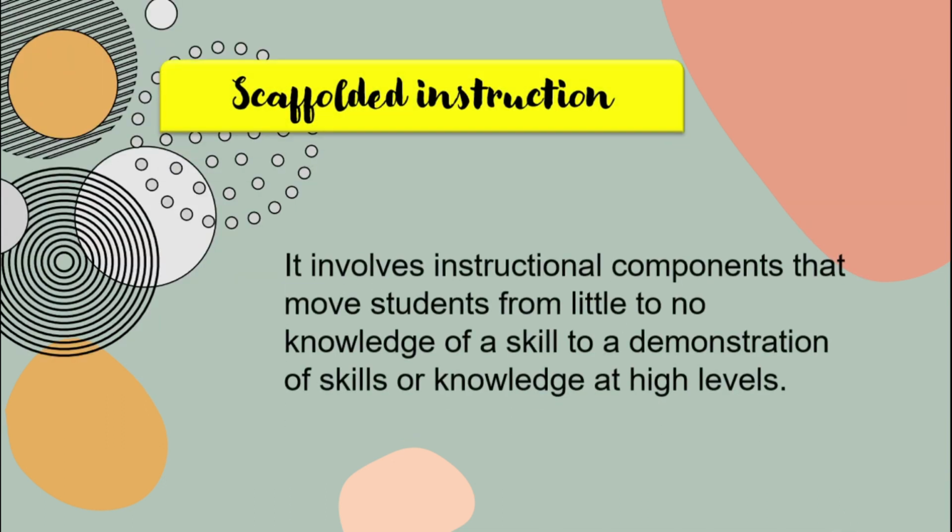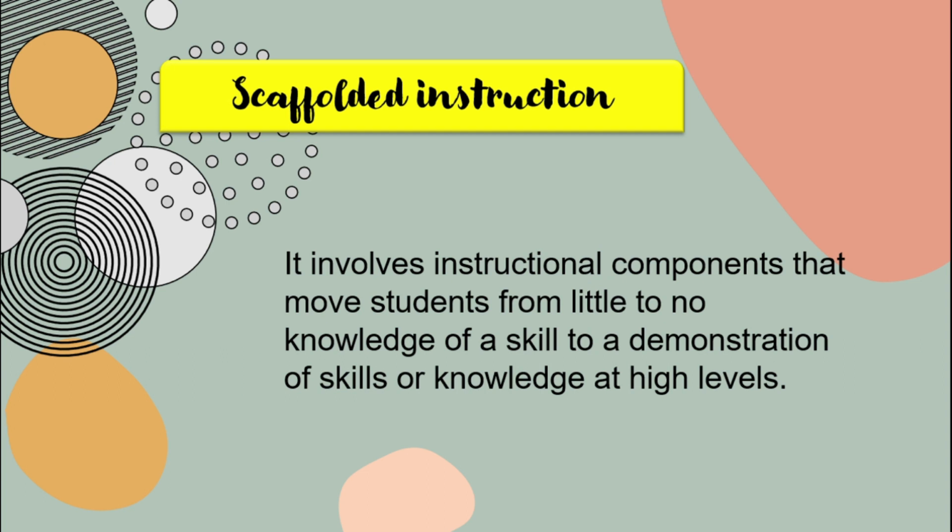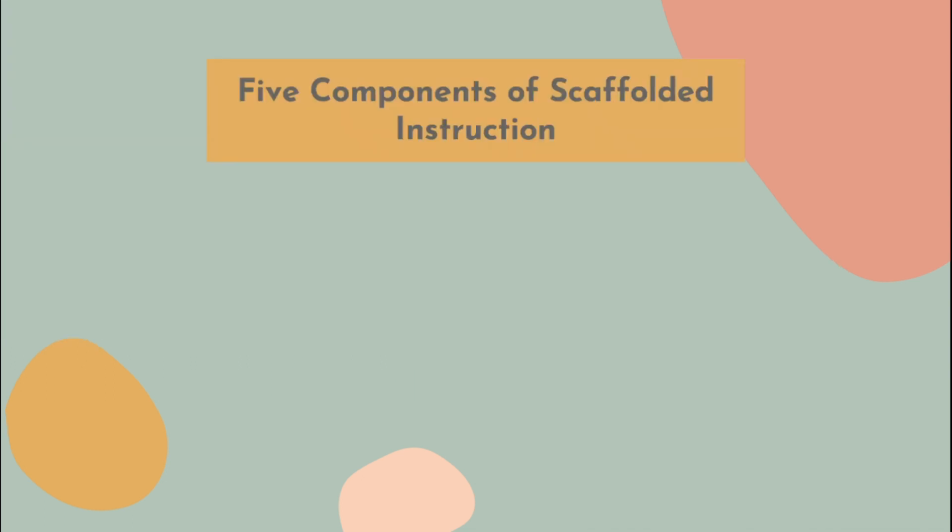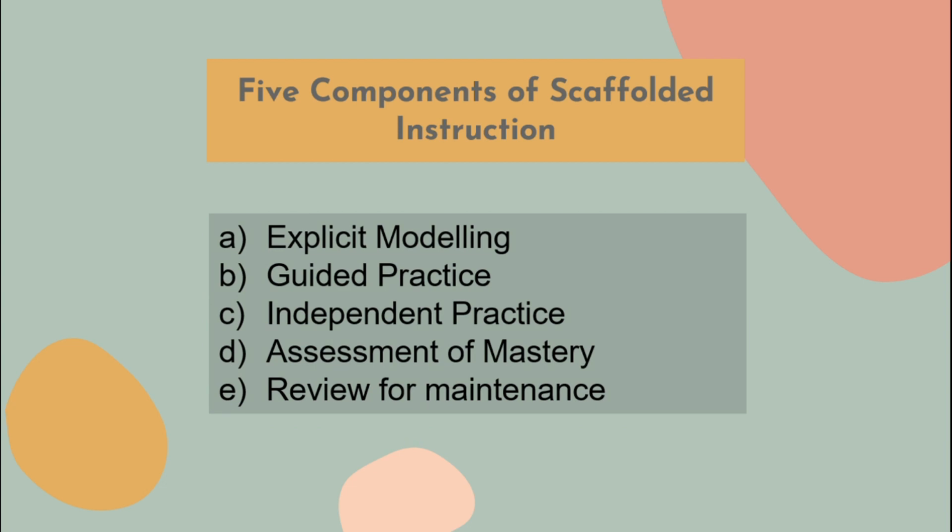It involves instructional components that move students from little to no knowledge of a skill to a demonstration of skills or knowledge at high levels. To better understand scaffolded instruction, here are the 5 components of scaffolded instruction. The first one is explicit modeling. So explicit modeling involves demonstrating the skill to be learned to students.